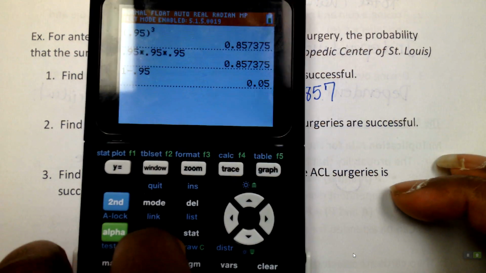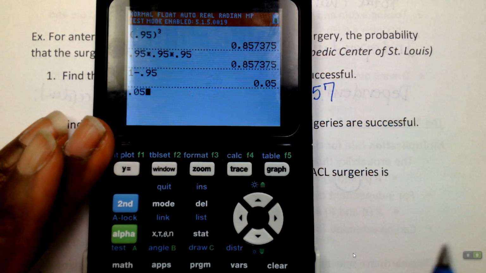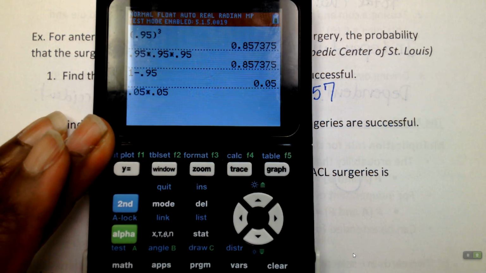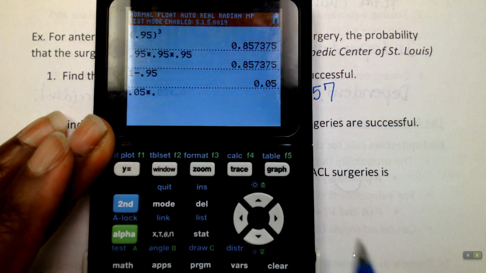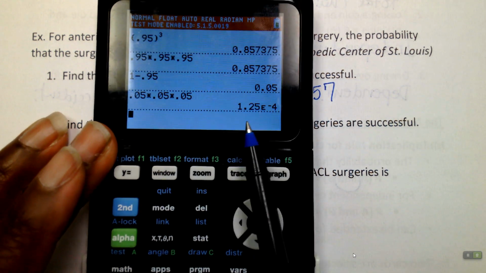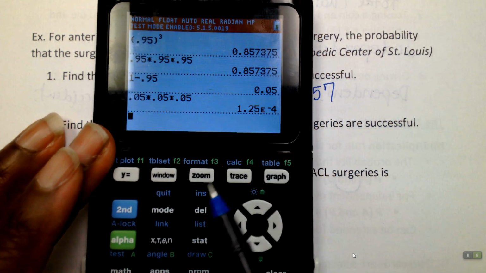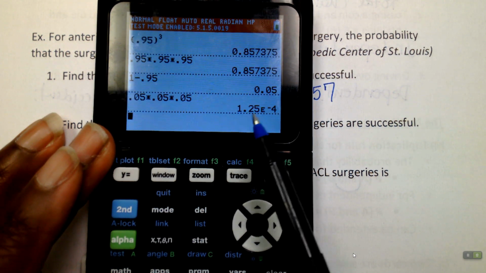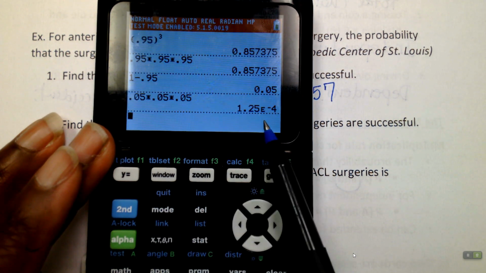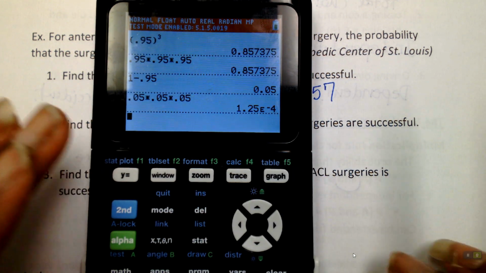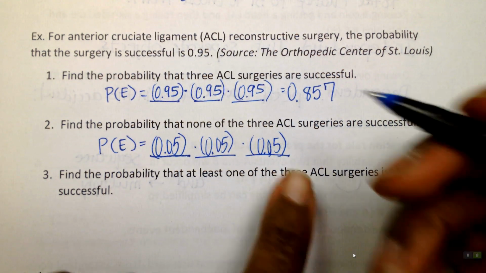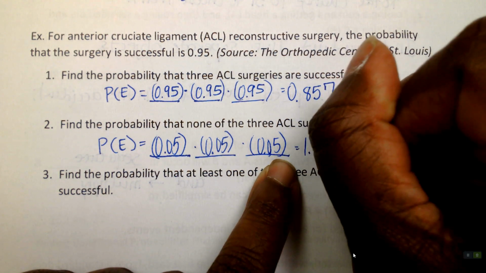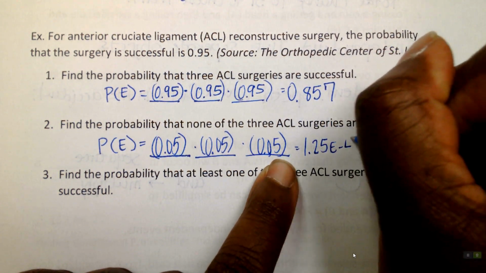So let's talk about that answer. 0.05 times 0.05 times 0.05. Our answer is not 1.25. Remember, we cannot have an answer over 1. This e-4 means we're dealing with a really small number. So let's convert this, 1.25 e-4.